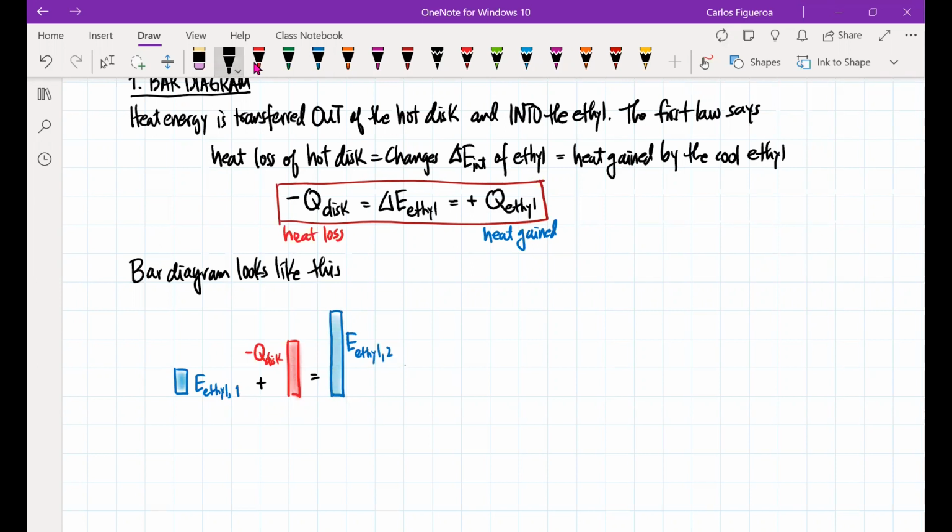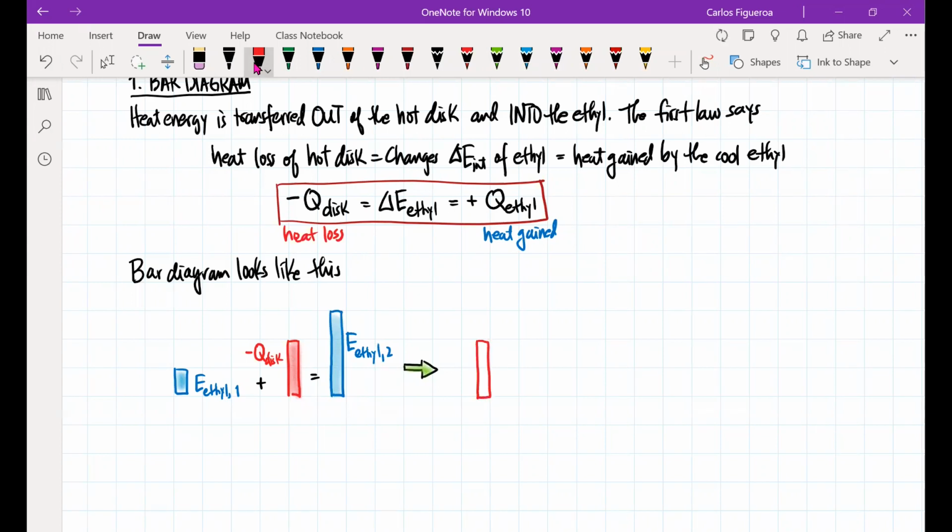Now I can redraw this a little bit differently. The way I'm going to redraw this is that I'm going to bring the internal energy of ethyl alcohol in its initial state over to the right. So my picture then reads like this.